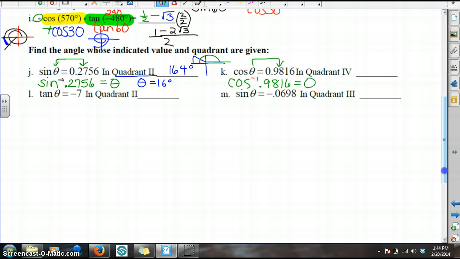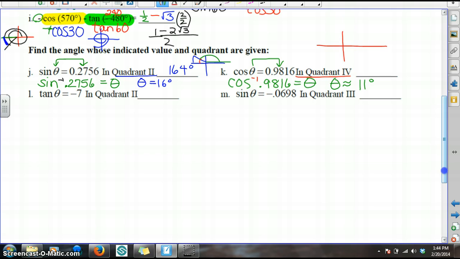with the angle name. I'll now take that inverse cos value that I've written and type it into my calculator to get that theta is roughly equal to 11 degrees. Once again, 11 degrees would have a cosine of 0.9816, but it's not an angle that happens to lie in quadrant 4.